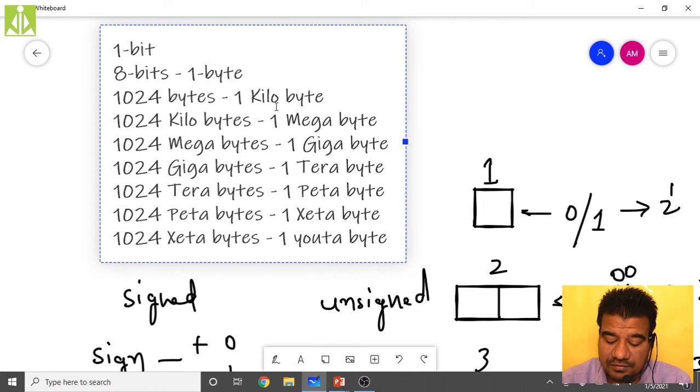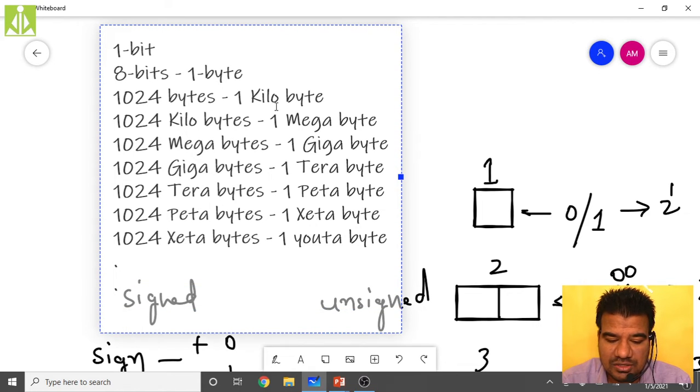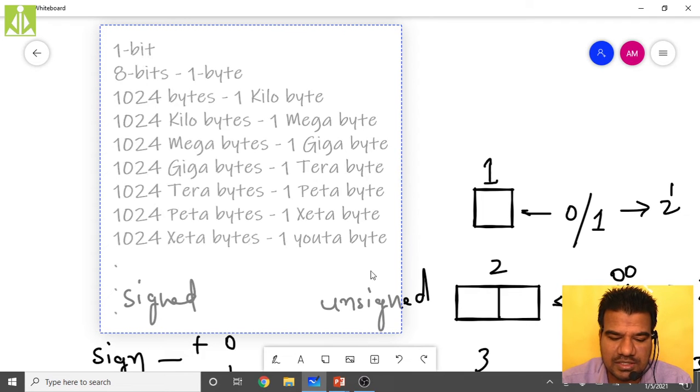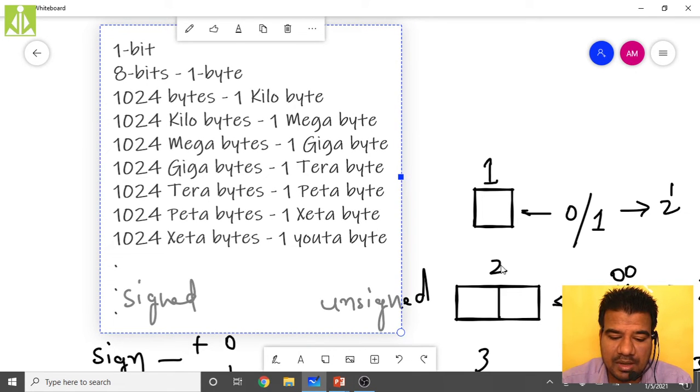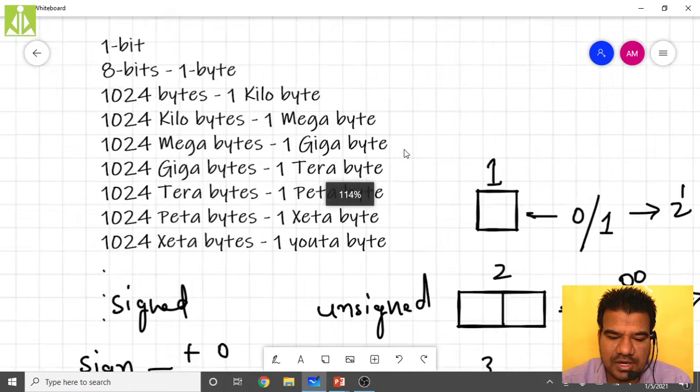Likewise, we have further considerations in memory management, but we discuss up to this. We'll not go any further. So simply remember these memory units for your understanding.